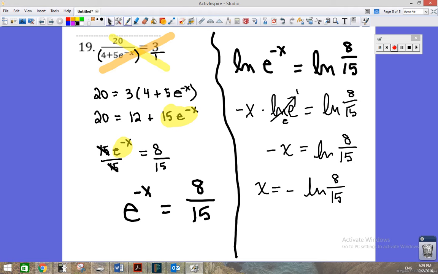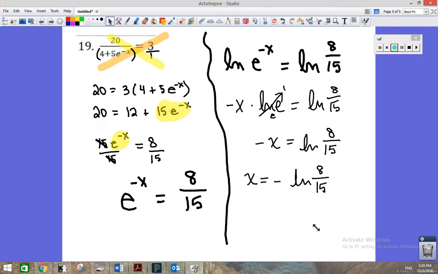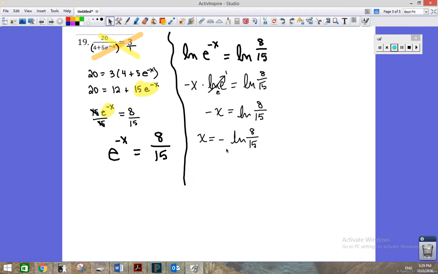And let me show you a trick that they will sometimes ask you. If it was a multiple choice, you might not see that as an answer. What you might see as an answer is the natural log of 15 over 8. And you're like, why do they flip that fraction? Well, because that negative sign, let's write that as a negative 1.